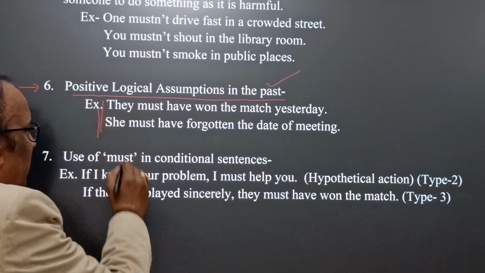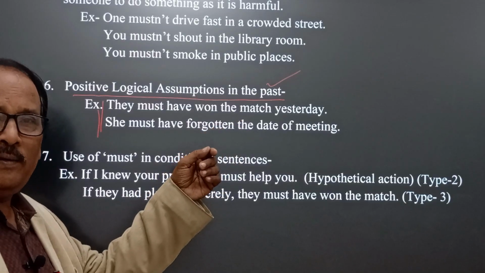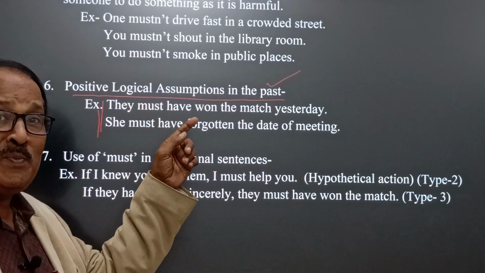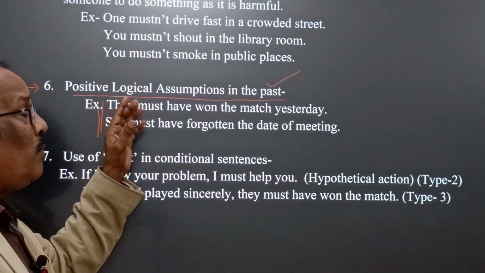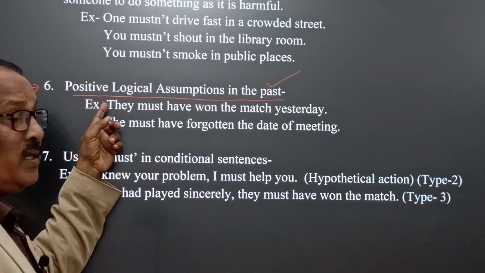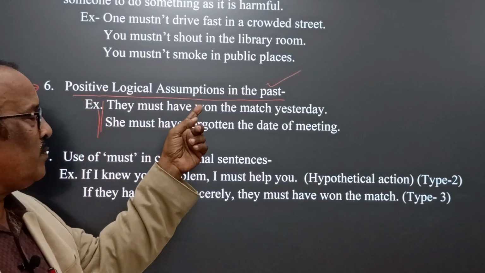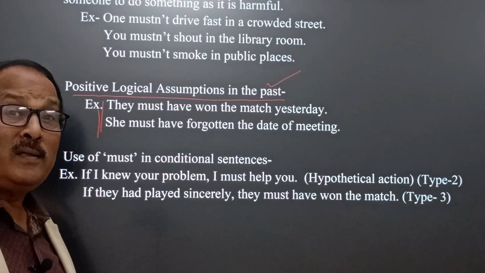Now see in examples, they must have won the match yesterday. Here, the speaker expresses the idea that, basing on the past incident, what he had seen, he has a positive logical assumption that they must have won the match yesterday.